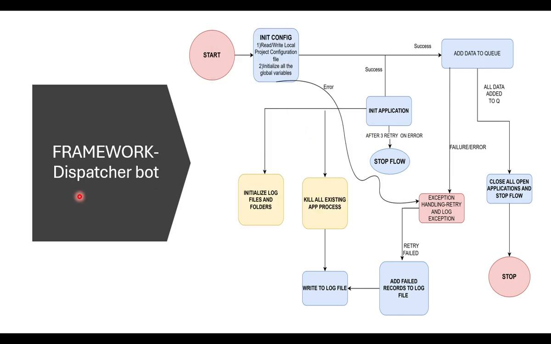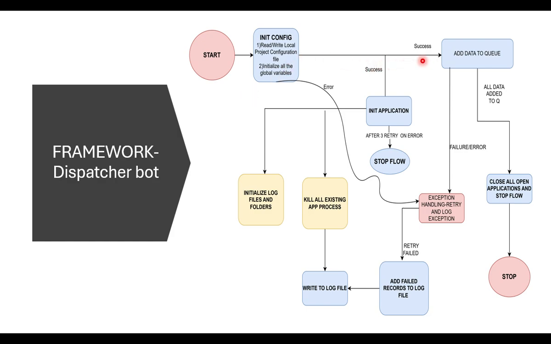Okay, so this is the dispatcher bot, and in this you can see first of all we initialize the config files and initialize all the variables. The bot will read the local config file, which can be a JSON file, an XML file, or a custom Dataverse table.